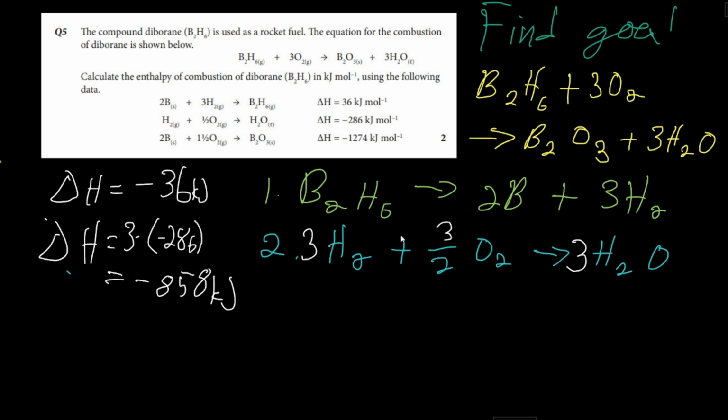And to get up to 3 moles, we just multiply the entire thing by 3. And because the enthalpy is based on kilojoules per mole, based on the ratio of this step, if we multiply the reaction by 3, we also multiply the enthalpy by 3.